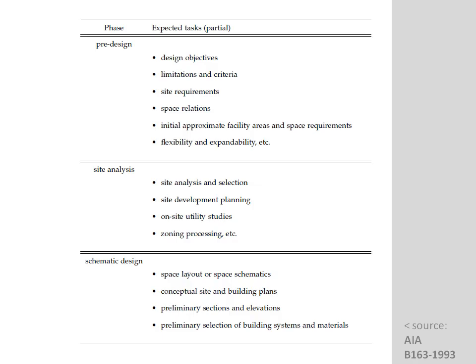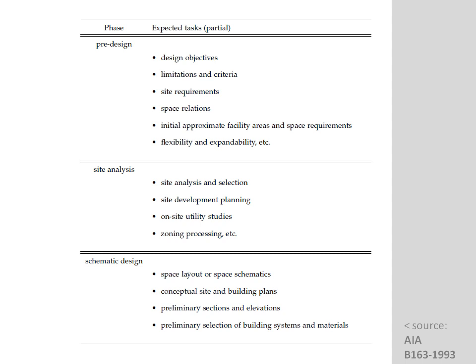So let's see some phase model of planning, of design. Here is a phase model introduced by the American Institute of Architects. Here you see that there are basically three distinct activities in the early phases of planning, namely pre-design, which is everything that has to do with finding constraints, finding requirements, and so on.